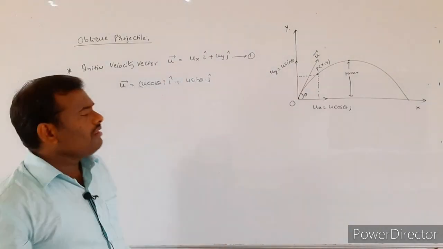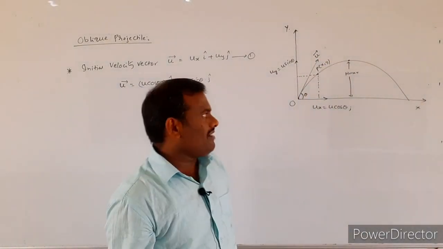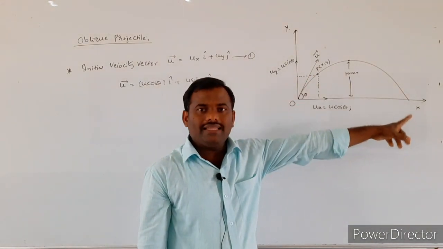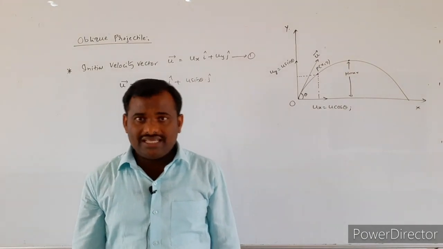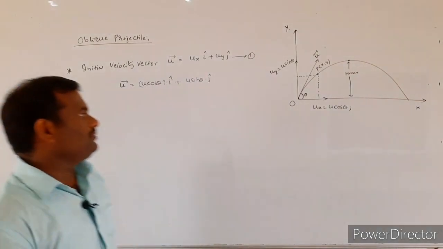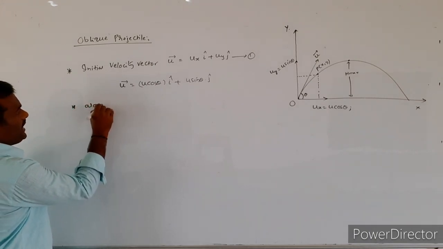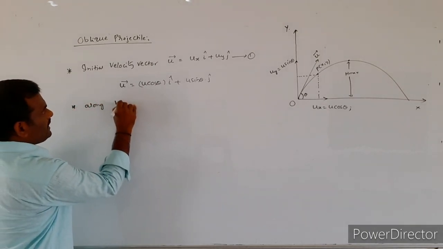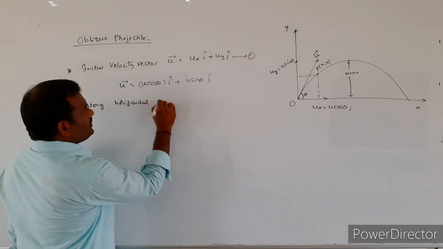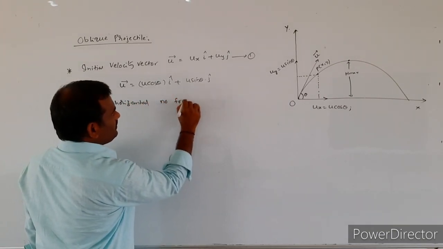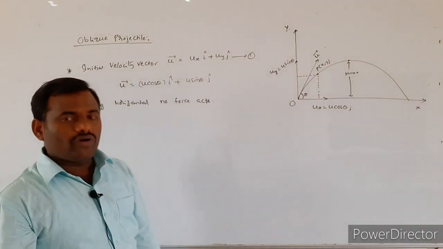Okay, next. Whenever the body is traveling in the xy plane, there are some forces acting on the object. But along the x-axis direction, the horizontal direction, no force is acting on the projected body.